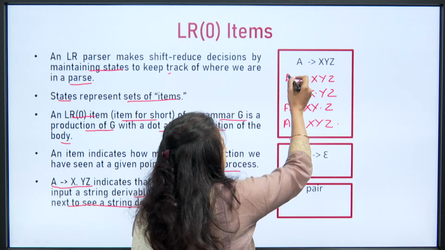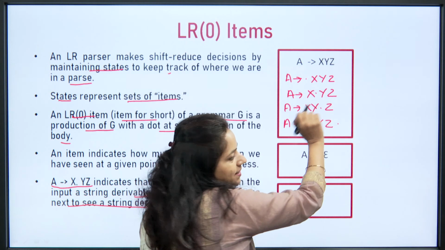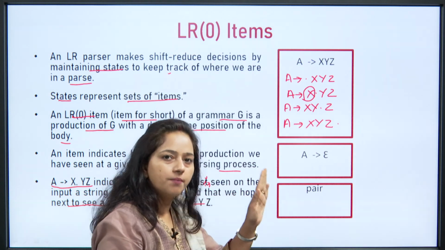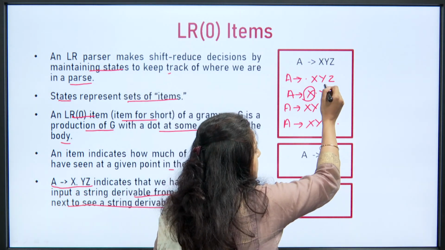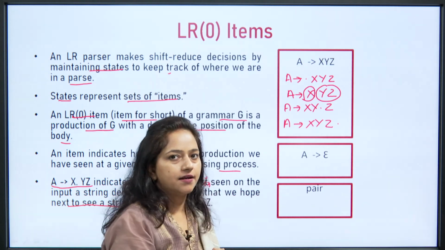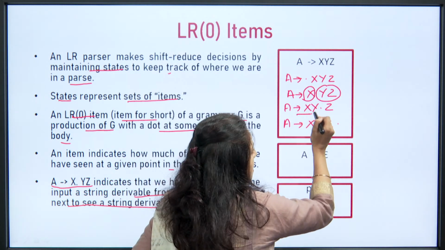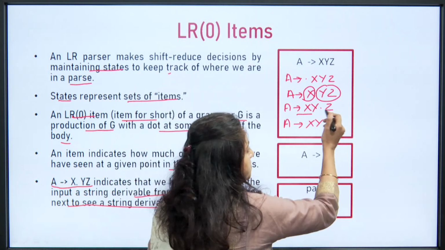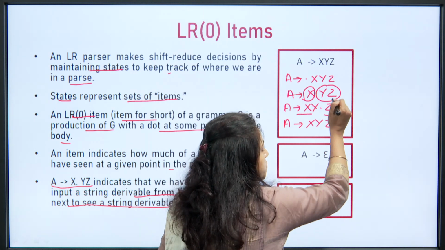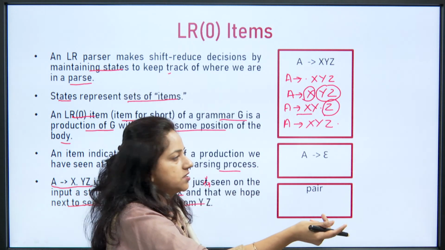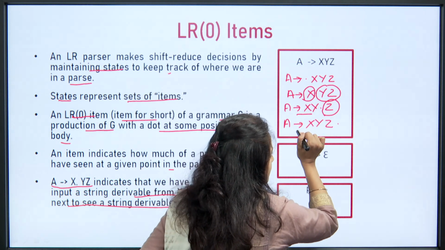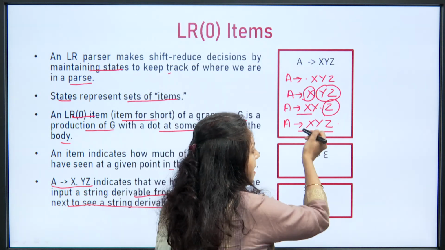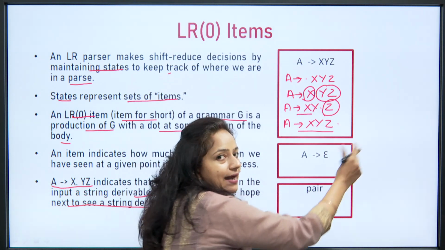Here we have the item like A to X Y dot Z. Here it says that we have just seen the input string derivable from X Y, and next we hope to see the string derivable from Z. Now, this item, A to X Y Z dot, says that we have just seen the string derivable from X Y Z, and now we may reduce X Y Z to A, because the dot is at the right end.